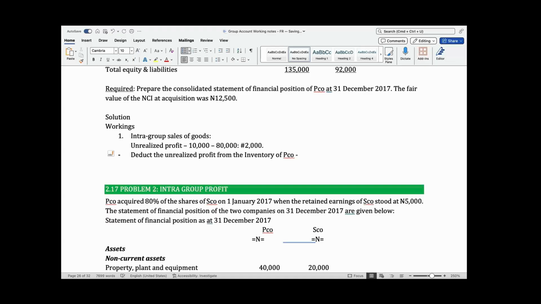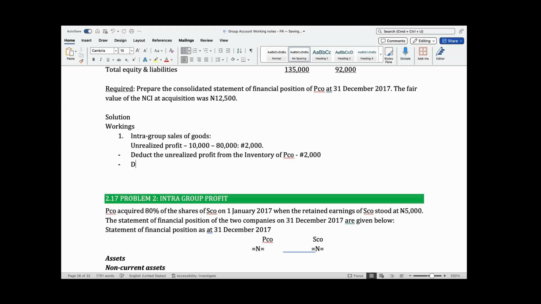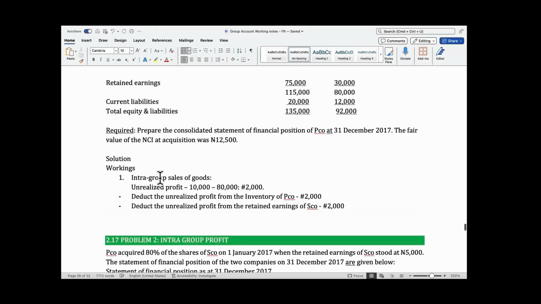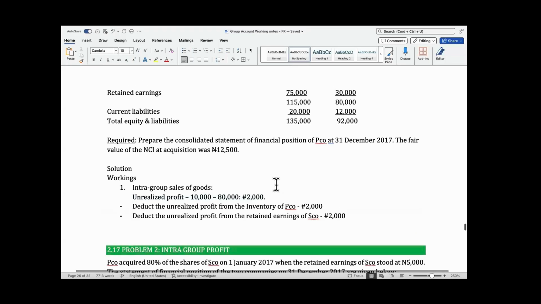So you remove 2,000, and also, who is making the profits? ESCO, the seller. So you remove the same amount from the retained earnings of ESCO. That's what you would do to this unrealized profit. It should be eliminated.